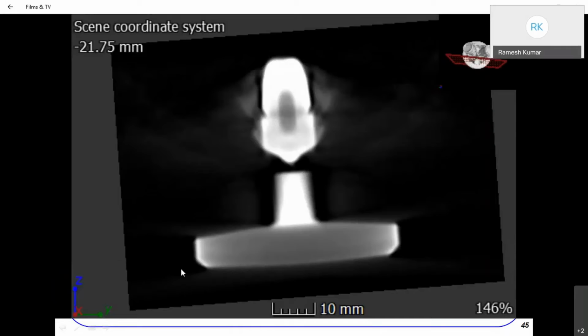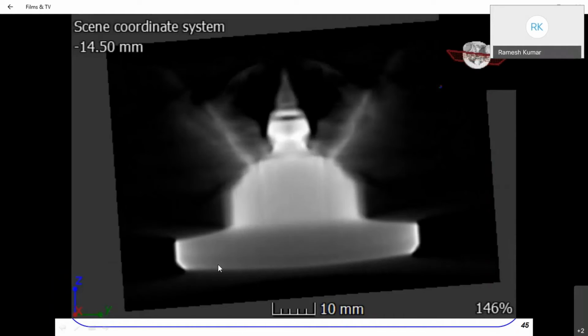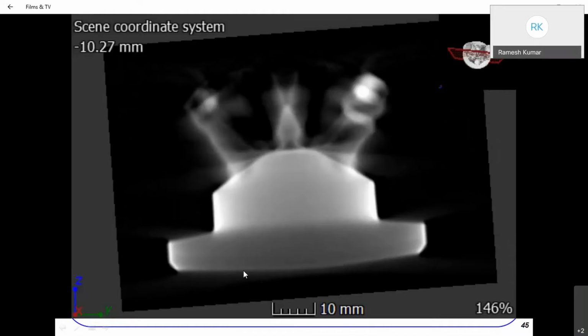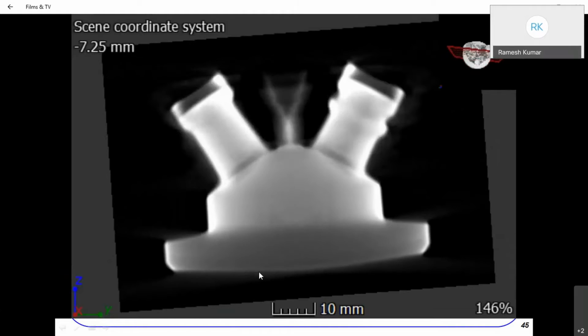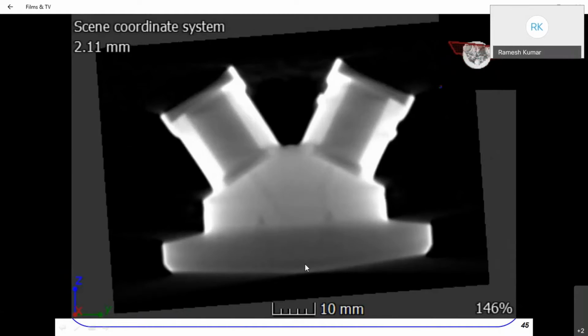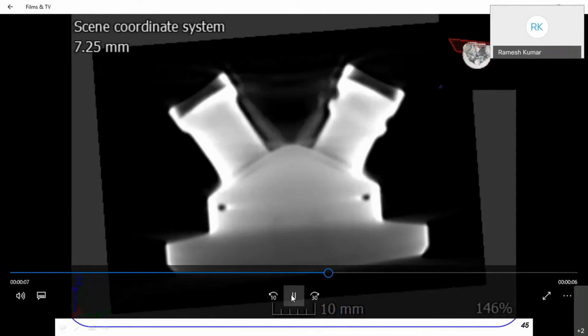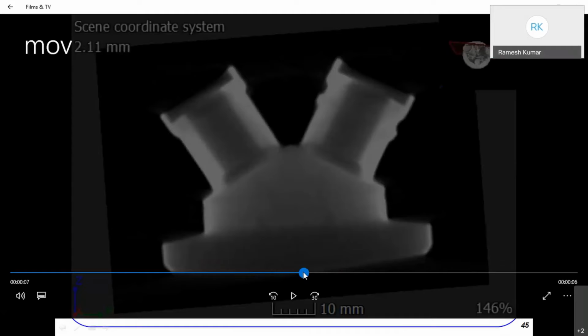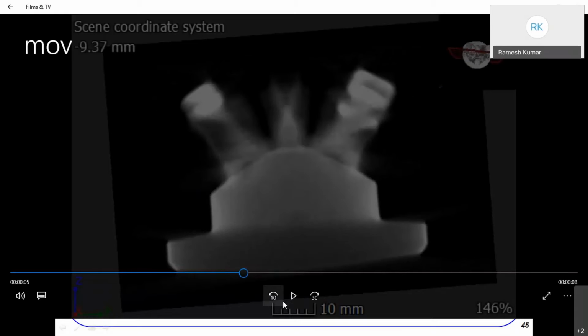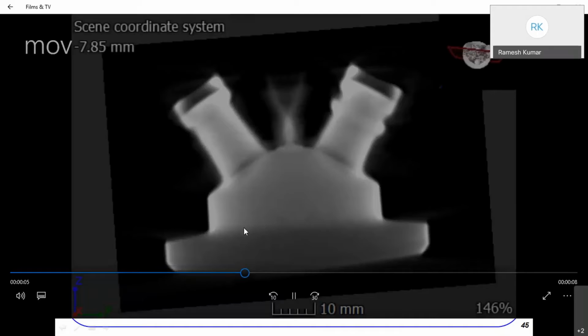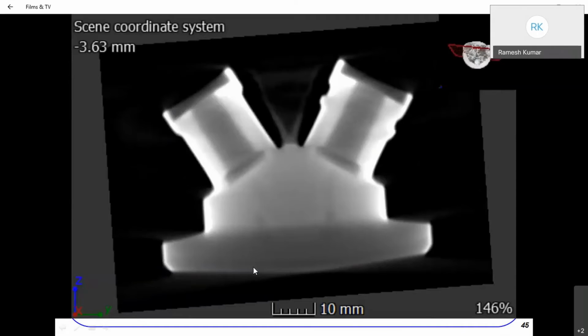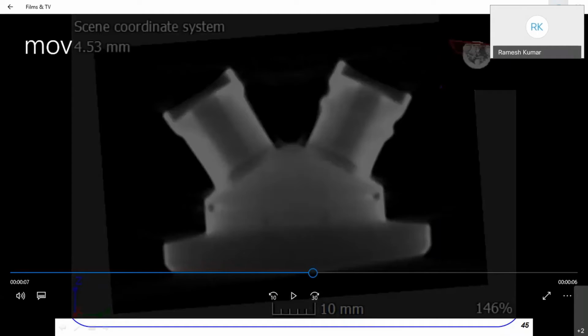You can see different sorts of features. I'll freeze the image here. You can see the internal regions, and from this.